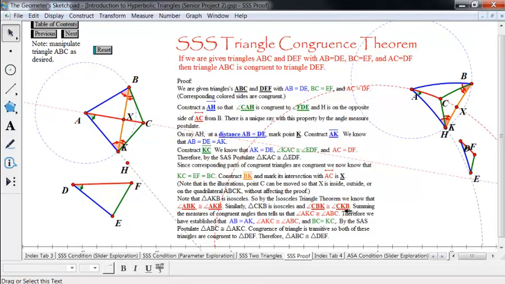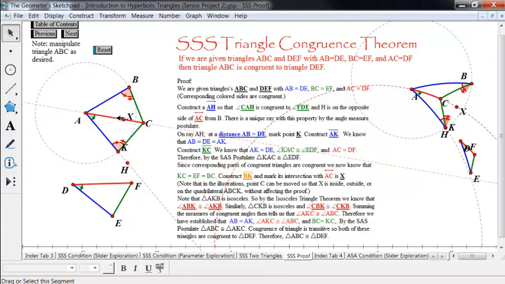And so what have we established so far? We've established that this is congruent to this one. This one is congruent to that one. That was all given in the hypothesis. But now we know that the big angle up here at B and the big angle at K are congruent. So even if we hide this and we're just looking at this angle up here and this angle here, these two triangles now are congruent by the side angle side postulate.